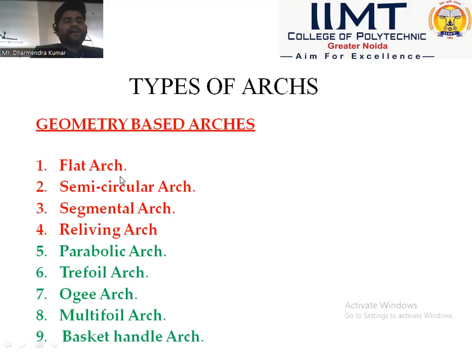First is flat arch, second is semicircular arch, third is segmental arch, fourth is relieving arch, fifth is parabolic arch, sixth is trefoil arch, seventh is ogee arch, eighth is multifoil arch, and last, ninth, is basket handle arch.